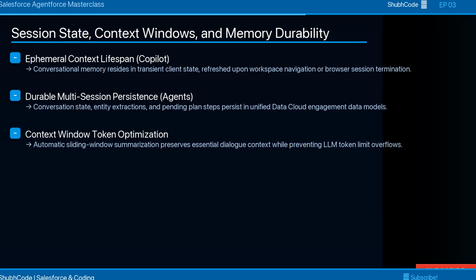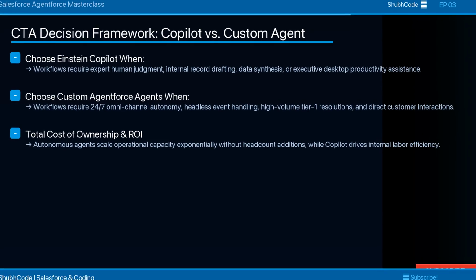When evaluating your enterprise requirements, how do you decide whether to configure Copilot or deploy a custom autonomous agent? Follow this strict decision framework. If the workflow requires employee discretion, handles highly sensitive unconstrained negotiation, or acts as a desktop accelerator, choose Einstein Copilot.